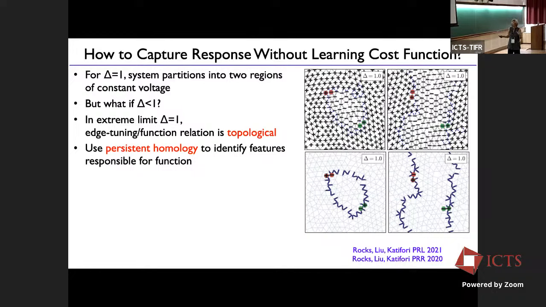It only breaks up into two sectors like this in the most extreme case. But can we find the remnants of those sectors? That's what we're after for this less extreme case, and that's what we use persistent homology to do.